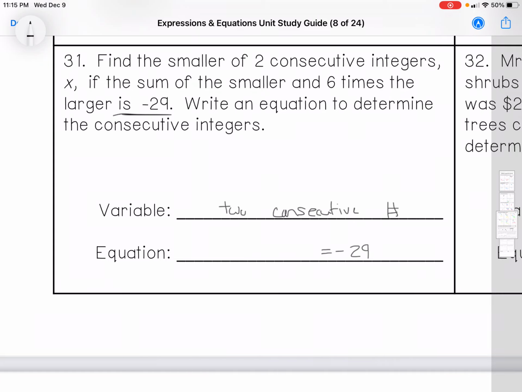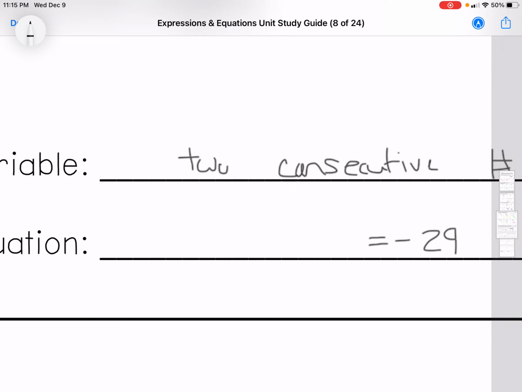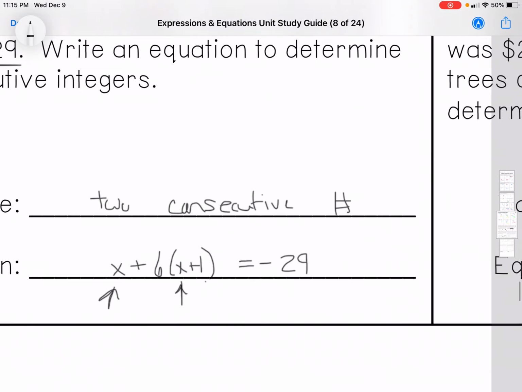Okay, so we don't know the first number, but we do know that if you add both of them up, so we're going to add, that's the first one right there. The second one is 6 times x plus 1, because we know it's the original number plus 1 times 6. Okay? Equals negative 29. That's your problem.